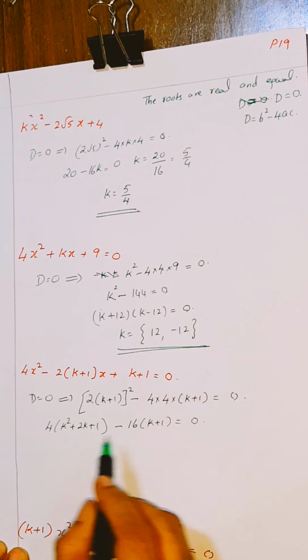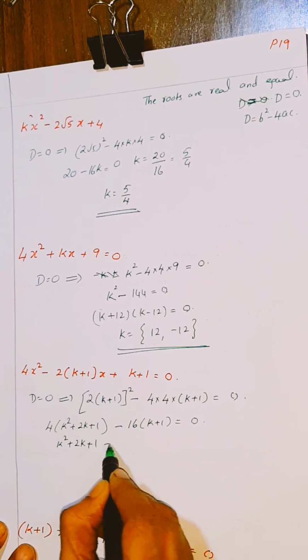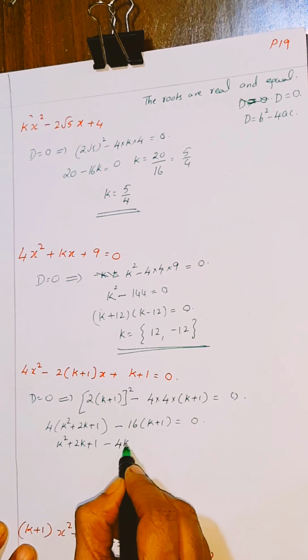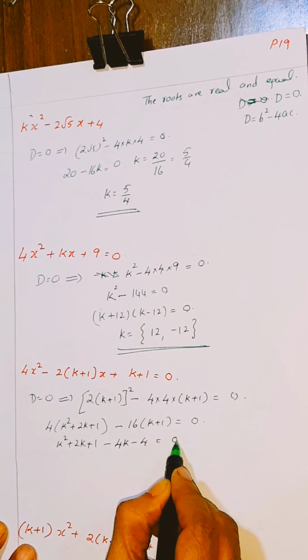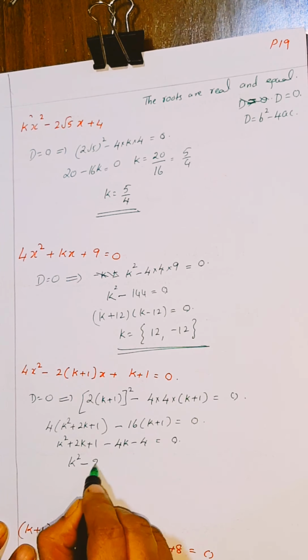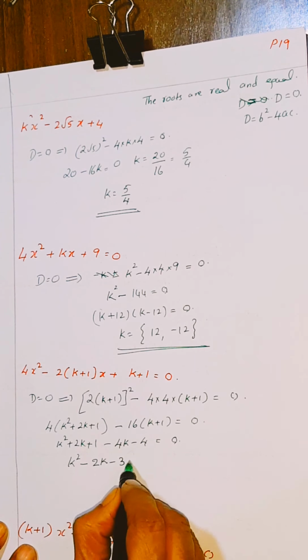So I'll divide throughout by 4 so that our calculations become easy. Now this is 4 into k plus 1, so minus 4k minus 4 equal to 0. So k squared minus 2k minus 3 equal to 0.